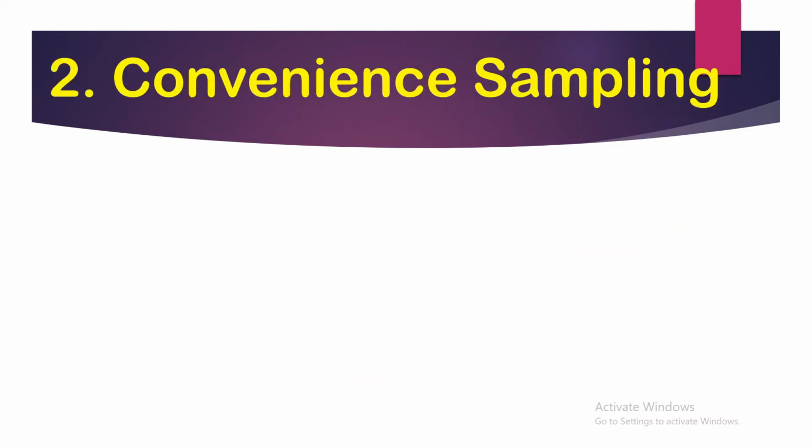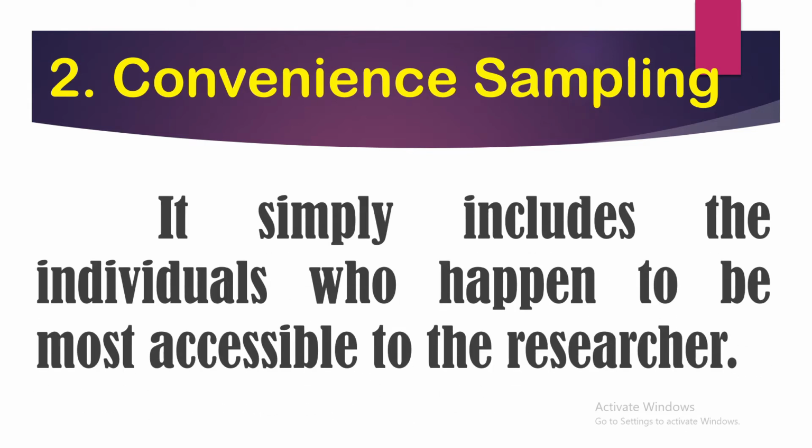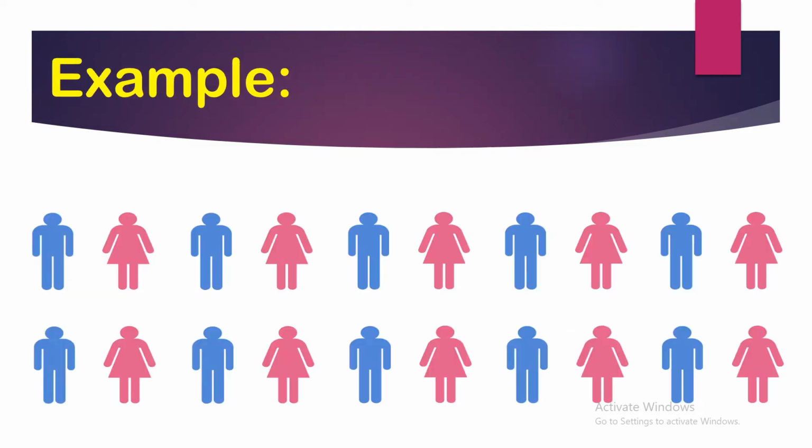Another sampling technique is what we call the convenience sampling. From the name itself, it simply includes the individuals who happen to be most accessible to the researcher. Let us have an example.